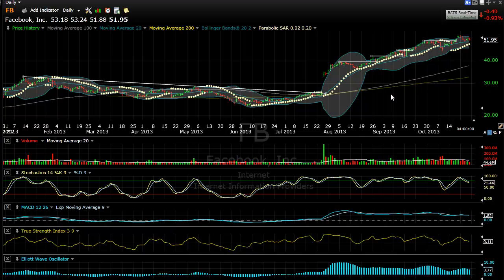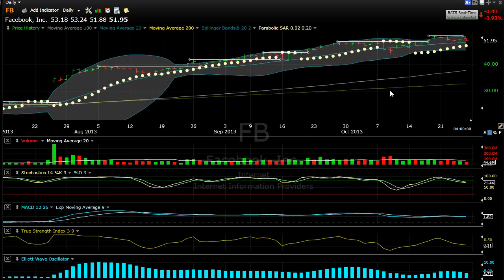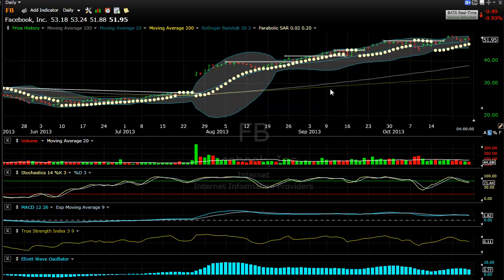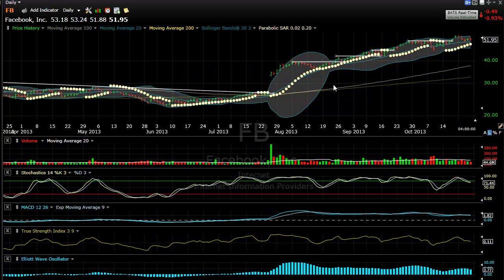As we zoom in, we can see all that going on, and it becomes very problematic for the eyes. The same goes for the indicators below: the Stochastics 14 with the 3, the MACD, the True Strength Index, and the Elliott wave. To be quite honest, right off the top, I don't use most of this stuff at all.